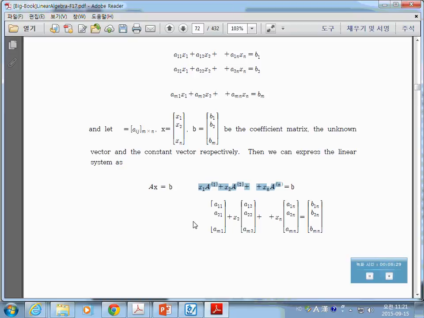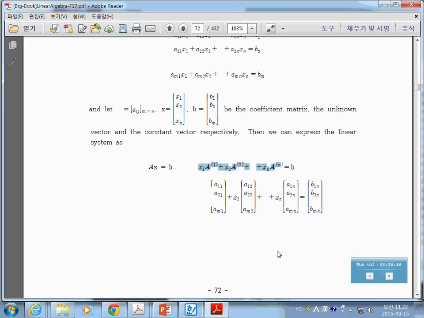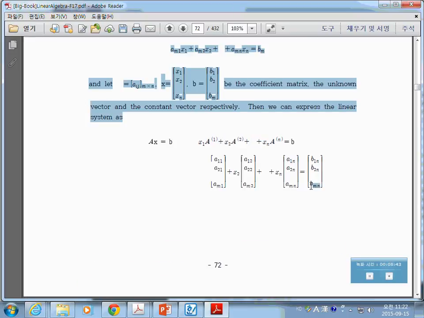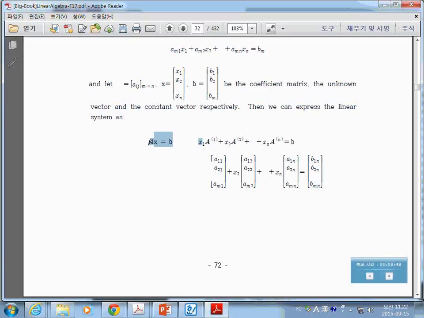Which is equivalent to x1 times this plus x2 times this, up to xn times this, like this. So this is a very interesting notation and also an equivalent statement for many possible questions related to this matrix representation of the linear system of equations.